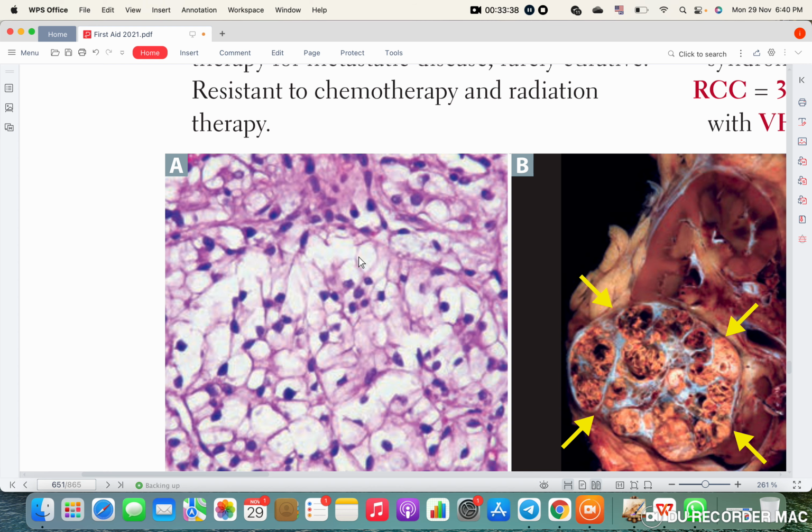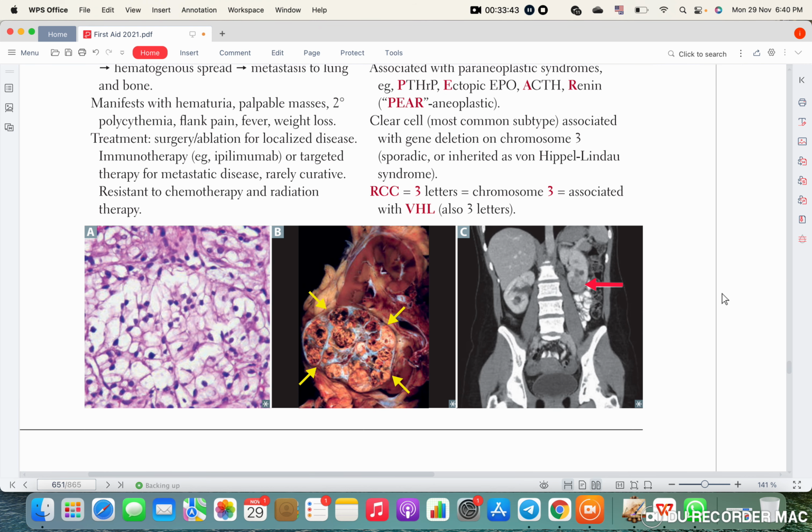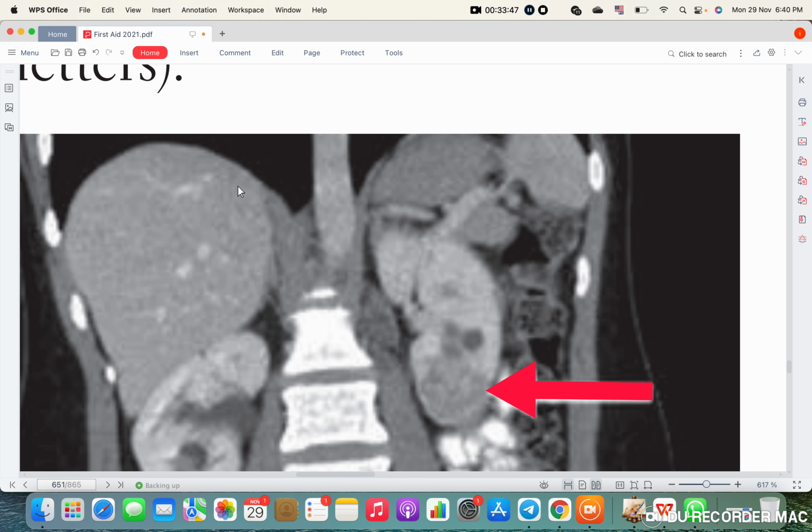Okay, if we look at this CT, I will tell you about organs. You will tell me what they are. Which organ is this? Liver. This is the liver. Okay, what about this one? Which organ is this one? No, it's not the adrenal.